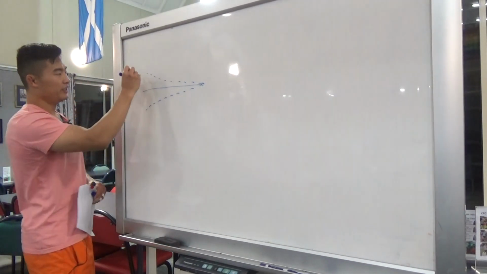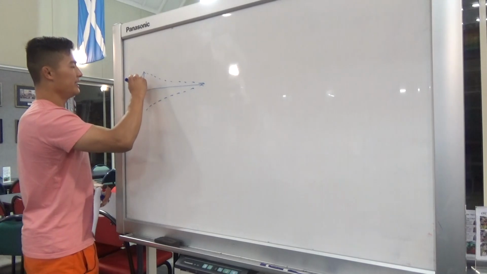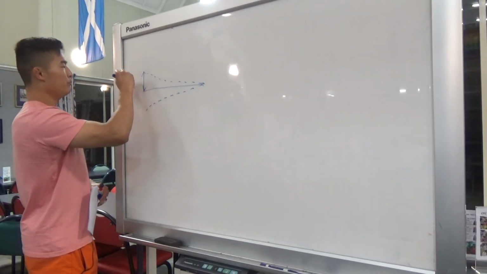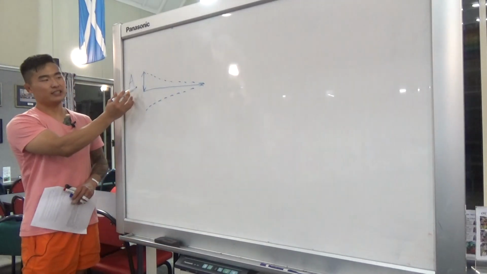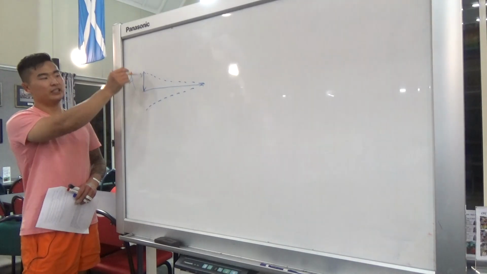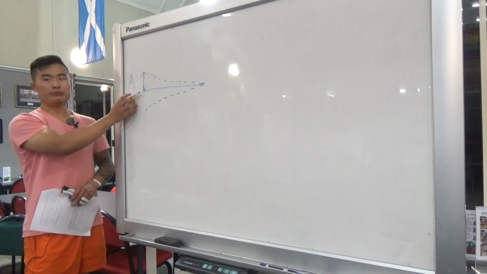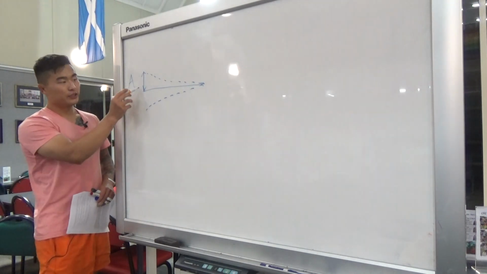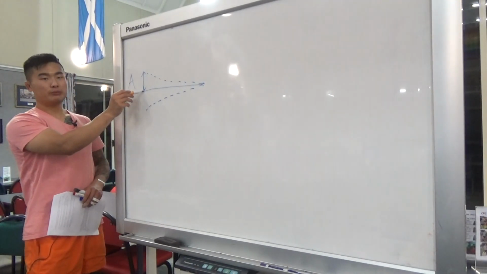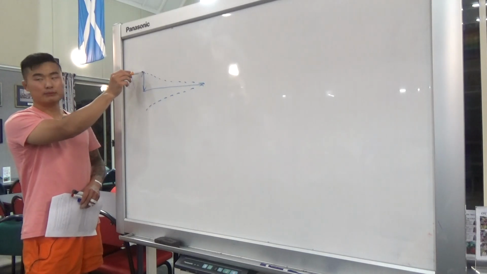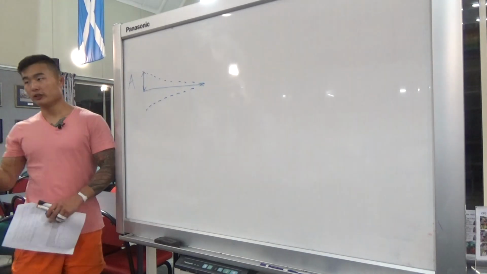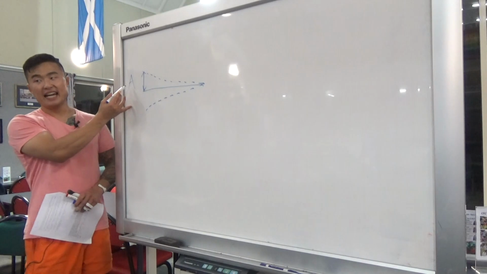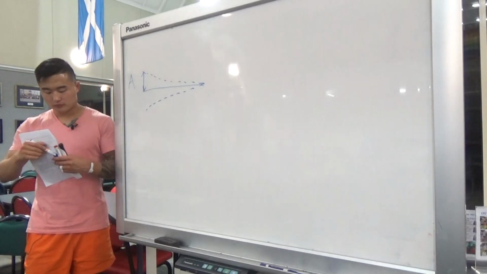So then this here would be our amplitude, just half of it, from the midline. We call this the equilibrium position, when there's no force being exerted. From the equilibrium position to the maximum displacement, that's what you call the amplitude, and we give that the symbol A. Okay?